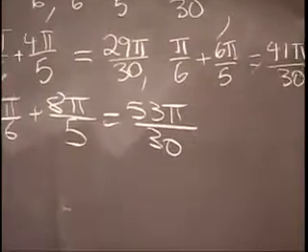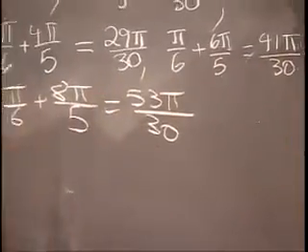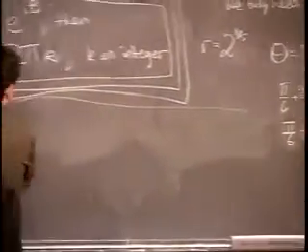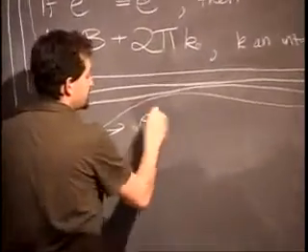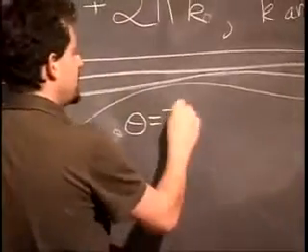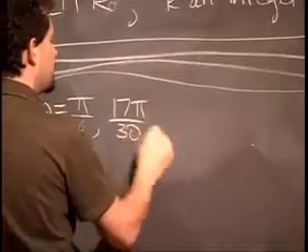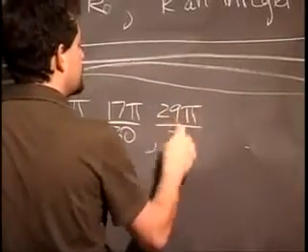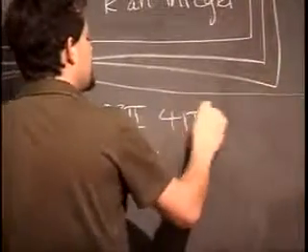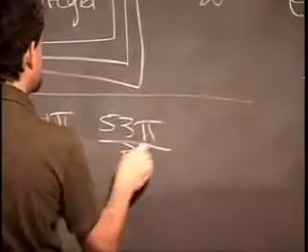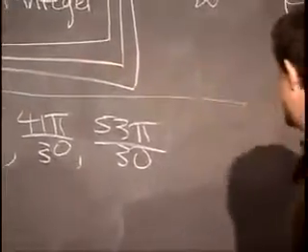All right, so basically I'll come over here. Let's just rewrite those values of θ because it's a bit of a mess there: π/6, 17π/30, 29π/30, 41π/30, and 53π/30. Those are 5 different values of θ.